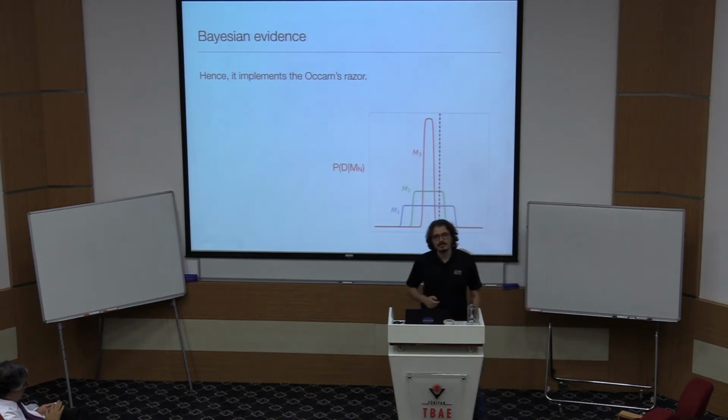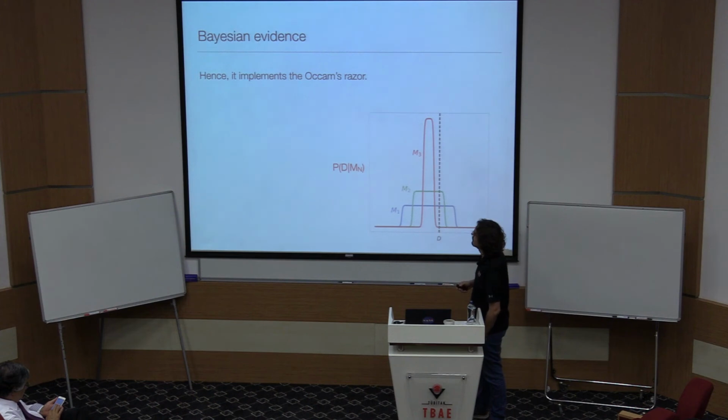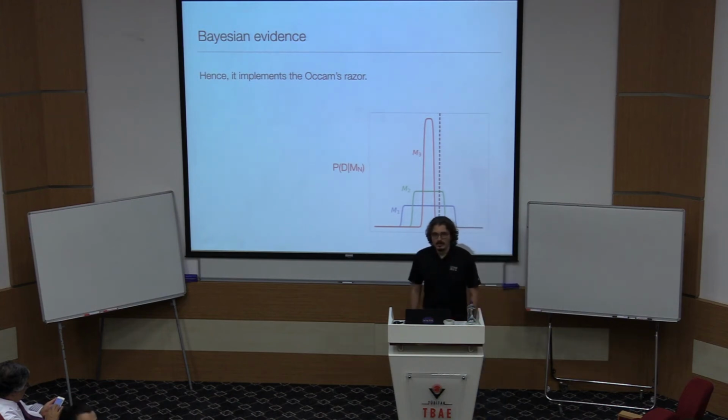Yes? Do we have a kind of measurement to take the best model of all? I mean, there could be one M4, which is slightly better than M2, but it's not overqualified.